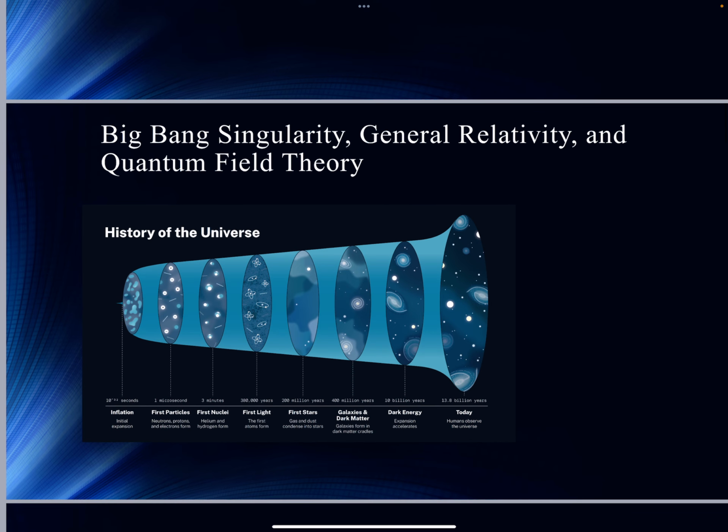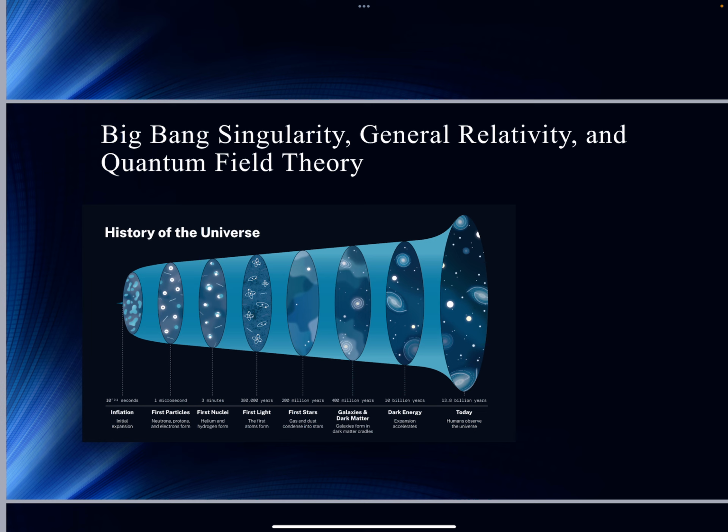So let's start with talking a little bit about, we'll start with general relativity. I want to talk about all three things in the subtitle here. But we'll start with general relativity. So general relativity was given to us by Einstein in the year 1915. And it is one of the most successful, well-established theories in all of physics.